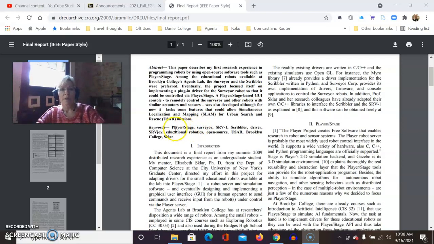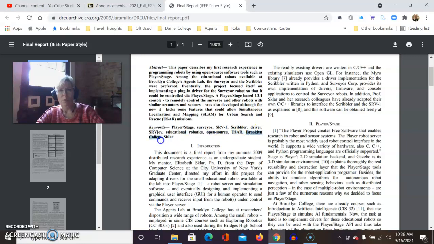In this case, they've chosen Player Stage, Surveyor, SRV1, Scribbler. Those are basic terms that if I were searching about educational robotics, I might search under some other term, right? Notice they also use the words Brooklyn College here.